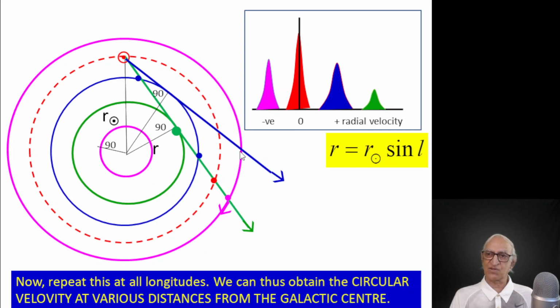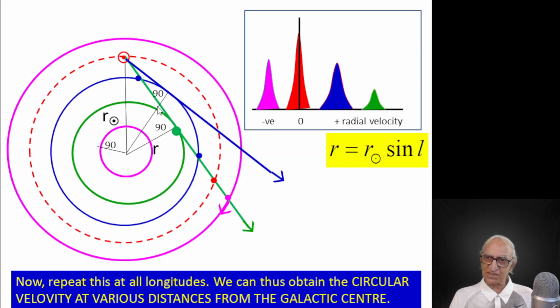Let's say there is a cloud on this circle, it will have negative velocity. That cloud will have zero velocity. And that blue cloud will now have the maximum radial velocity. There will not be any green there because that is interior. The blue feature here is the maximum positive radial velocity that comes from this tangent point.